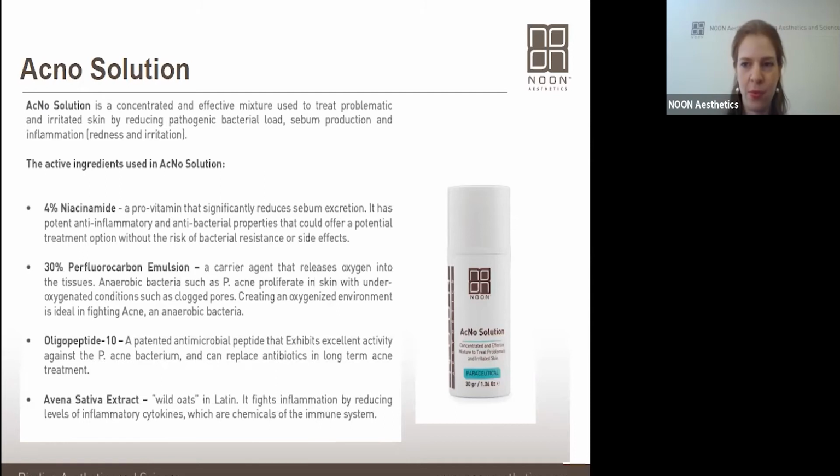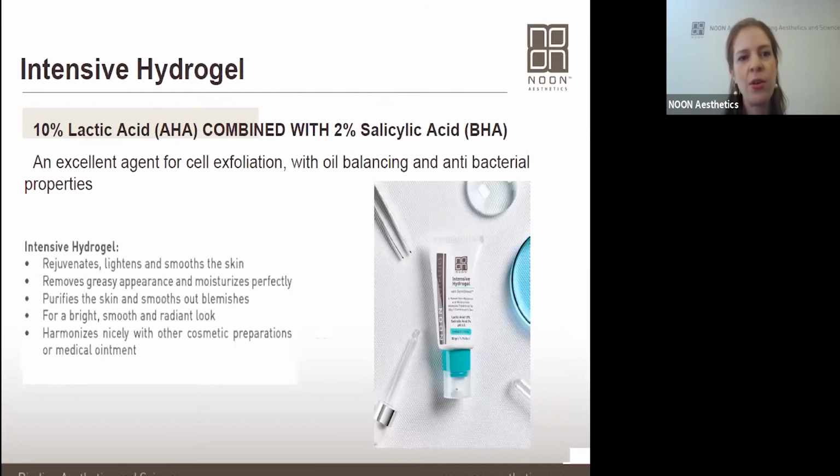We have one more product that we need to use if we want to cover all symptoms, because till now we only covered the secretion of sebum.